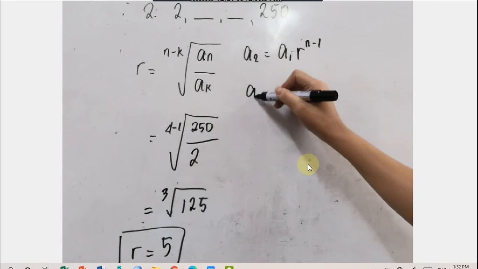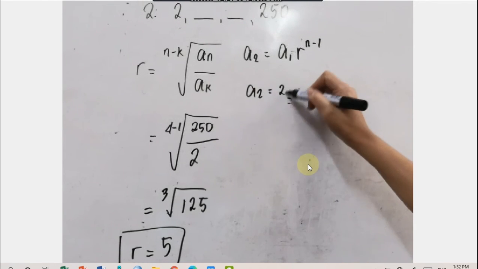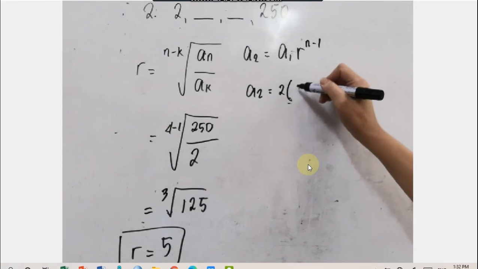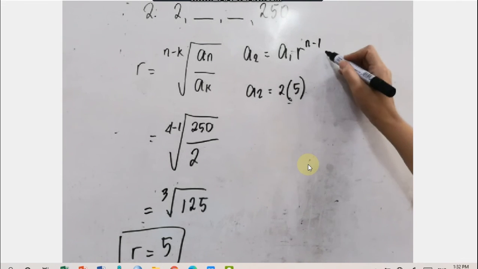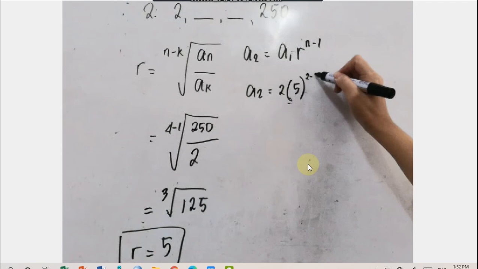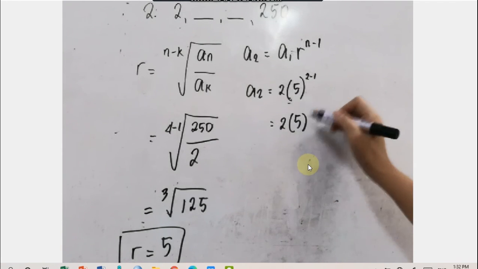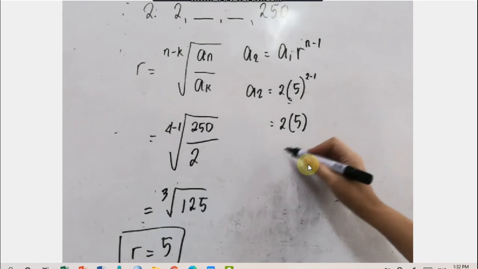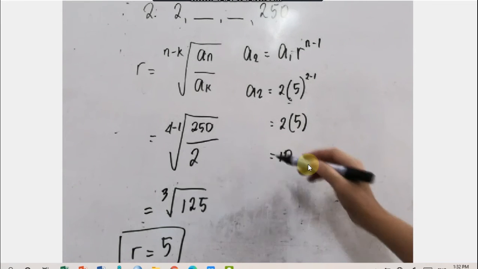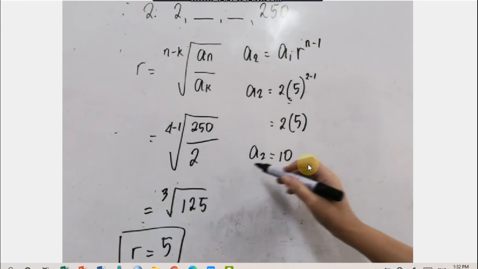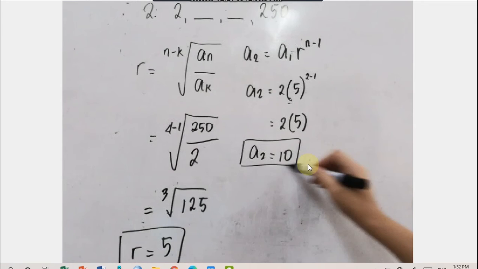So a sub 2 now, a sub 1 is 2, times our common ratio, which is 5, raised to n minus 1, where n is 2, minus 1. We have 2 times 5 raised to the power of 1. So we got 2 times 5, we have 10. So our a sub 2 is 10.